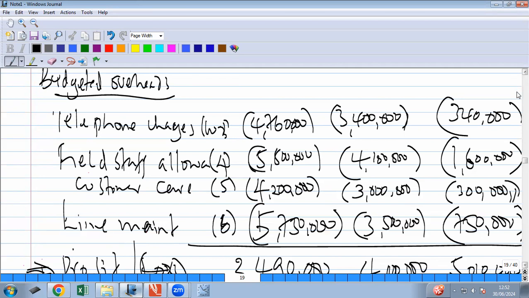You have to bring it into reality that this is a power company, like Umeme. So what should Umeme do in order to reduce these telephone charges? In the first place, you can advise that this company should find a way of reducing telephone charges because it's higher than the rest.